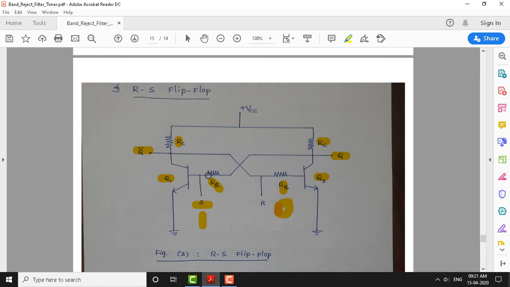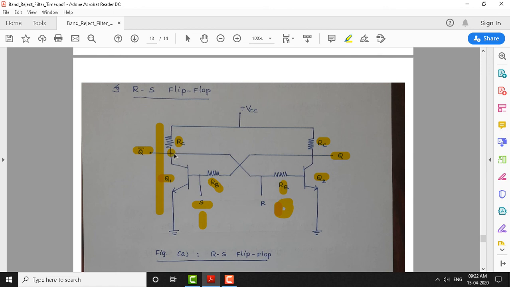When this turns on, obviously from the supply the complete current goes to the ground, because this transistor is turned on. Once the maximum current goes to the ground, the voltage at this point becomes very small, and approximately this voltage can be 0. This is also an input for the Q2 transistor.